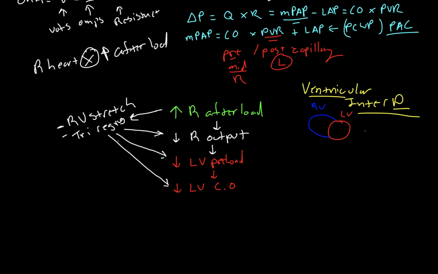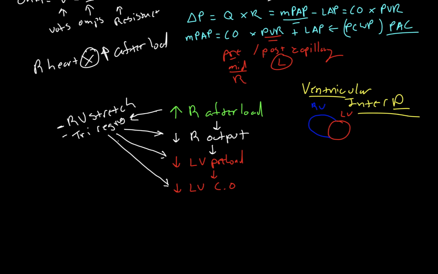Ventricular interdependence is a notion of how one change of the right ventricle will affect the left ventricle, because they share the same pericardium, they share a septum, they share the same fibers amongst each other. So although the LV is strong and powerful, changes in states of volume in these two chambers will affect each other.